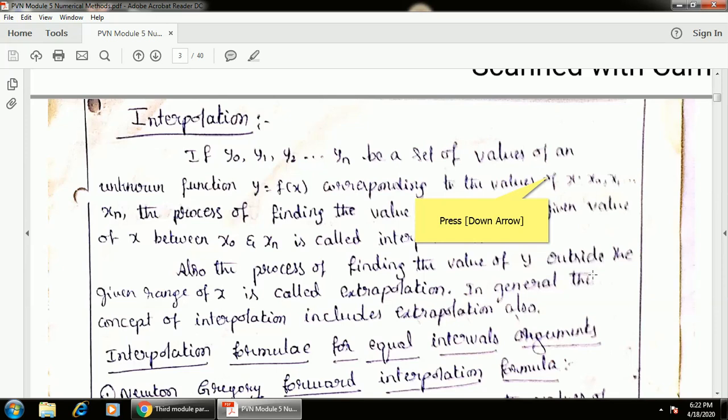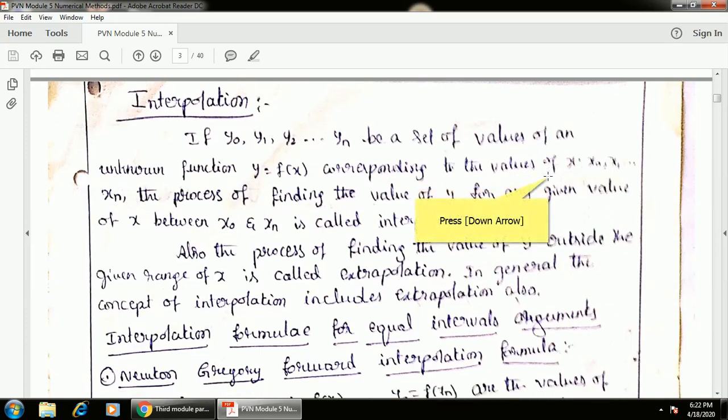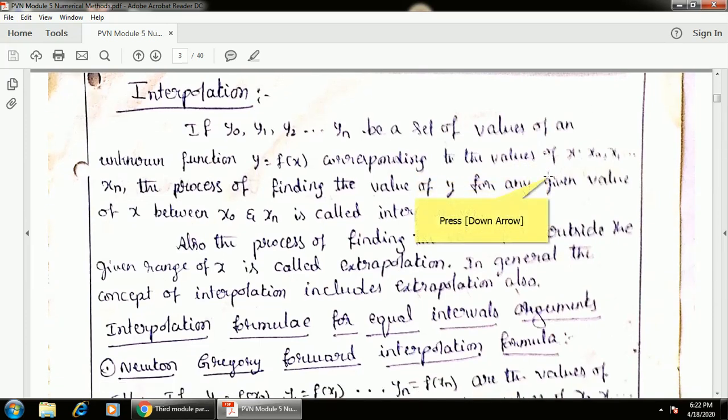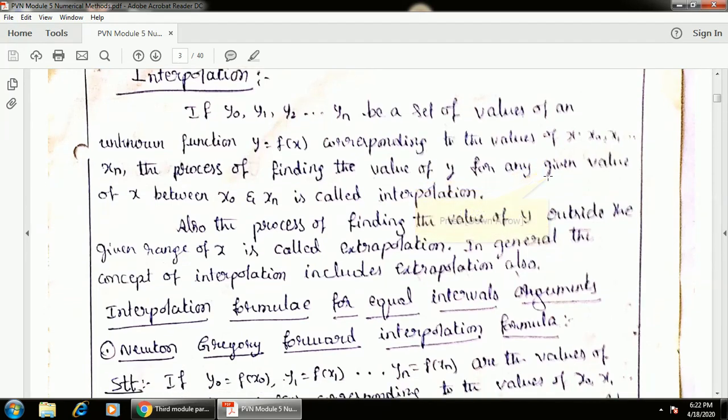Also, the process of finding the value of y outside the given range of x, that is outside the range x0 to xn, is known as extrapolation. In general, the concept of interpolation includes extrapolation also.